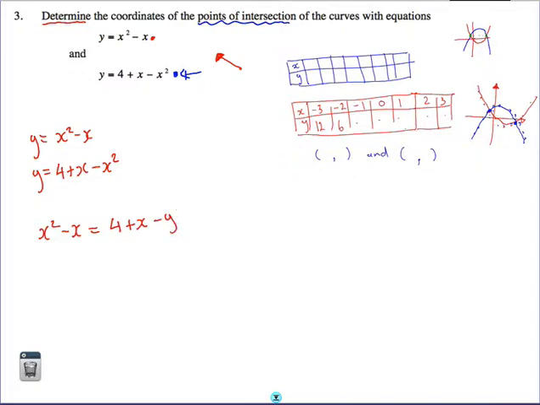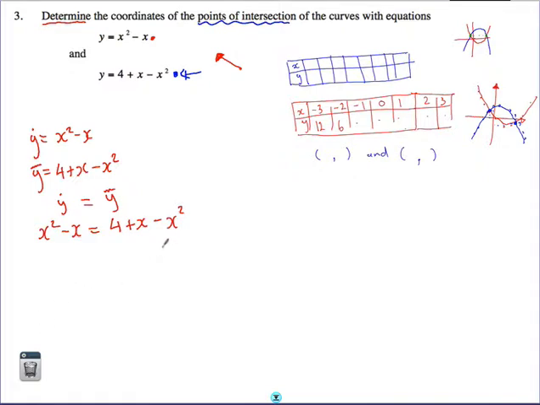Sorry, I was thinking 2 steps ahead. Because y is the same as y, since they are the same y's, we can just equate them together.